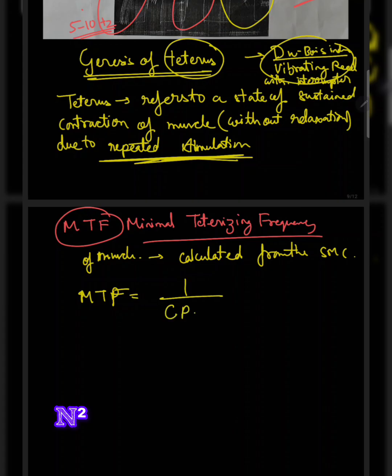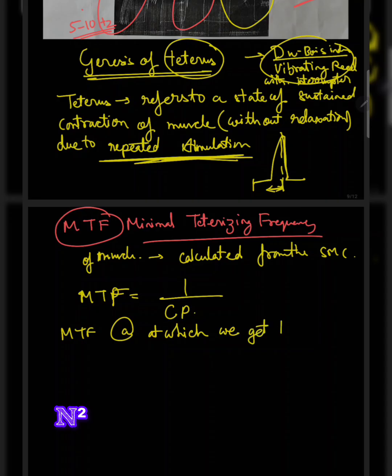Supposedly you are getting a latent period, contraction phase, and relaxation phase. If you can measure this particular duration, then you can get the MTF. Basically, MTF is the frequency at which we get the muscle tetanized.